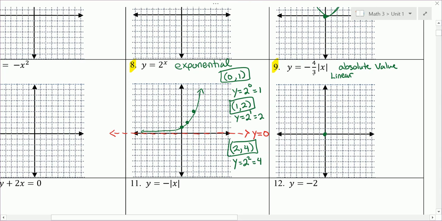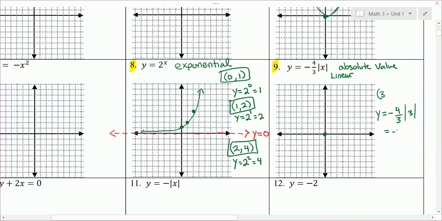To pick a point, notice we have a fraction with the 3 in the denominator, so I'm going to pick something that we can divide by 3, which I'll pick 3. I'm going to plug a 3 in and I get y is equal to negative 4/3 absolute value of 3. Take the absolute value of 3 first.